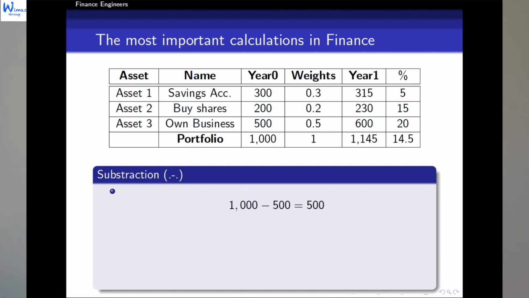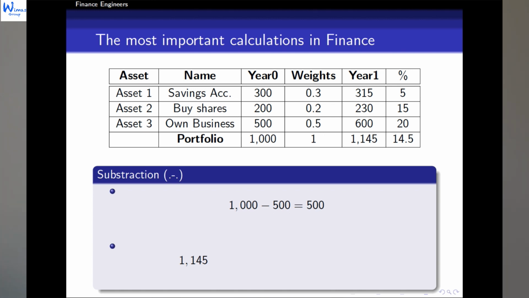Another example: let's say after 1 year, we see what happened in our portfolio. Let's say the shares we bought in the company lost their value. The company went bankrupt, and the value of our shares became zero.